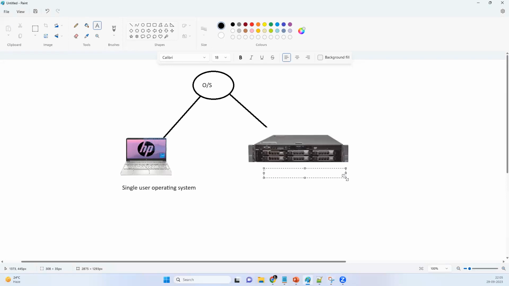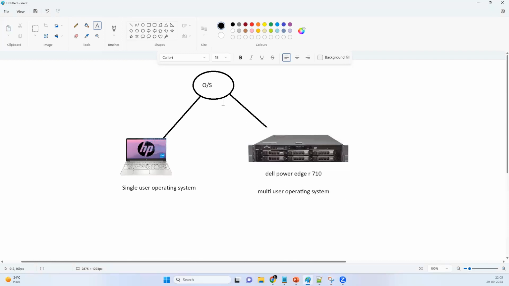So this hardware name is Dell PowerEdge R710. So this is a multi-user operating system.